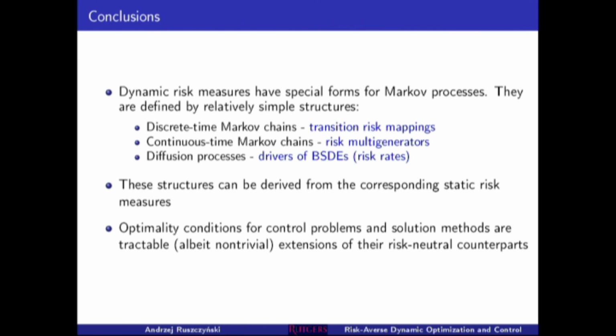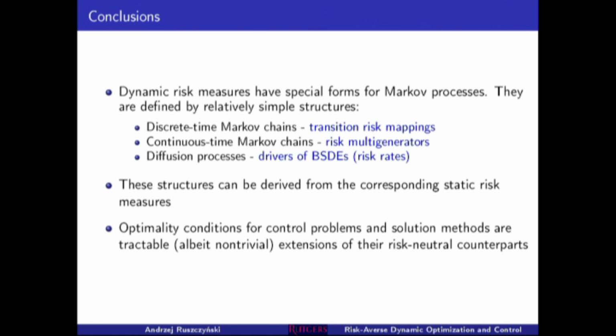Okay? So the conclusions that I wanted to end up with are the following. The dynamic risk measures for Markov processes have very special structures. And they are defined by simpler objects that are easier to manipulate and work with.